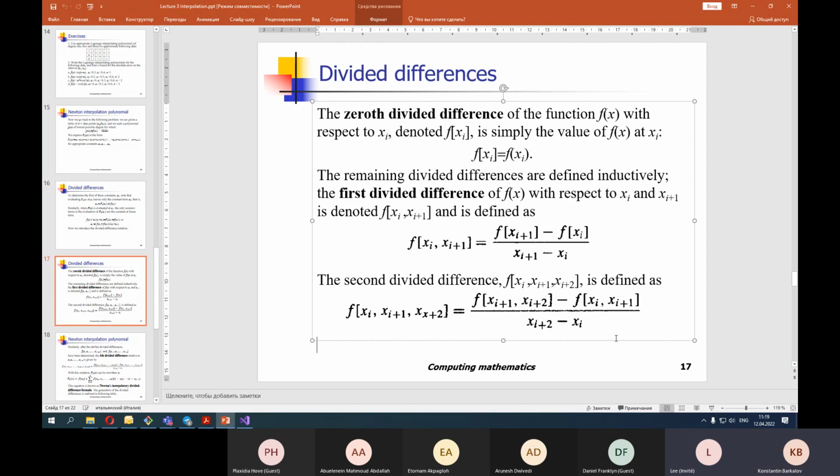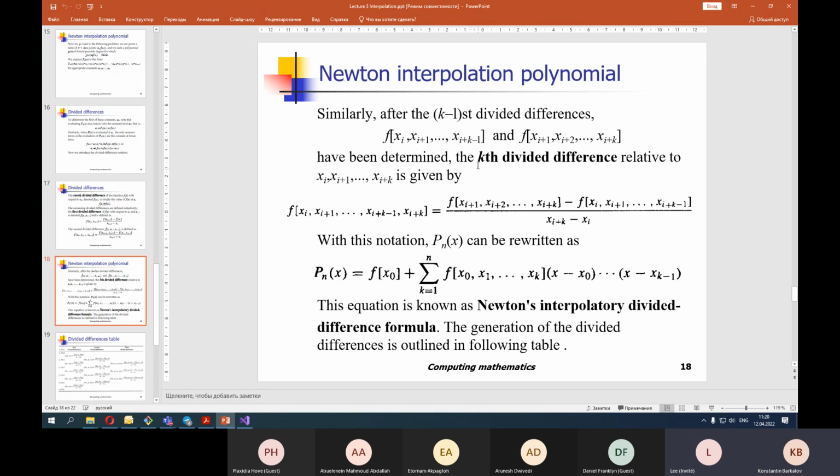The third divided difference can be defined as the difference of second divided differences over xi plus 3 minus xi, and so on.